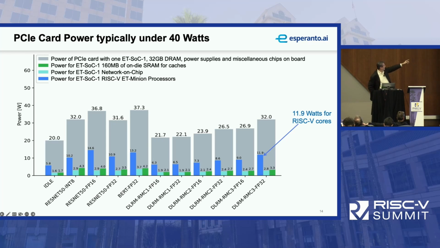So they're running about 600 megahertz here. But almost always the card is under about 40 watts here. And the PCIe card limit is typically about 75. So we're about half the power of what a typical PCIe card would have here. We can go faster, we can go slower. It sort of depends on what the customer needs and what you're trying to do for the balance of power in the entire system.